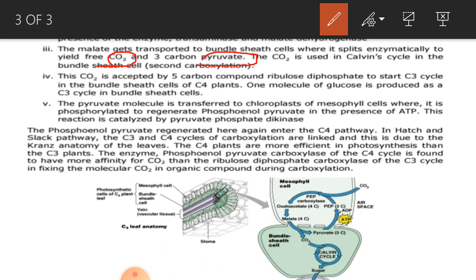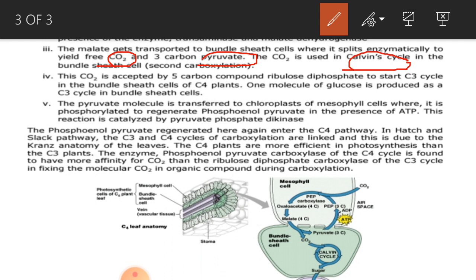The carbon dioxide is used in the Calvin cycle, accepted by ribulose bisphosphate to start the C3 cycle in the bundle sheath cells of C4 plants. One molecule of glucose is produced by the C3 cycle in bundle sheath cells.